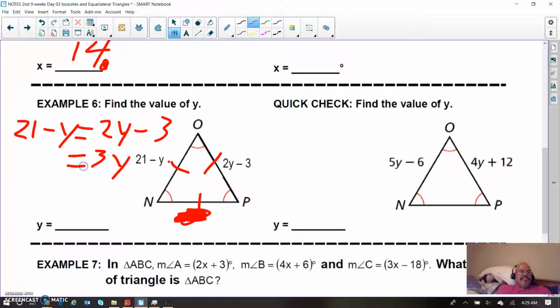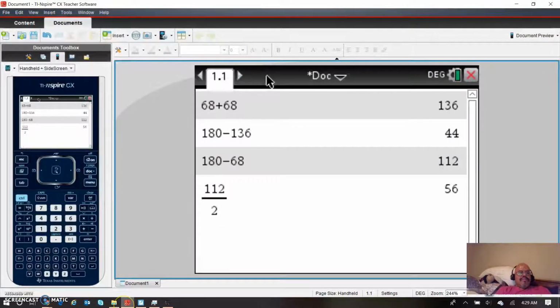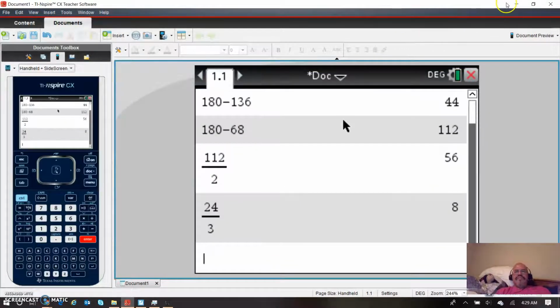And we add 3 to both sides, so that's 24. Divide both sides by 3. So y is going to be equal to 8. Let me just make sure: 24 divided by 3, yes, it is 8.